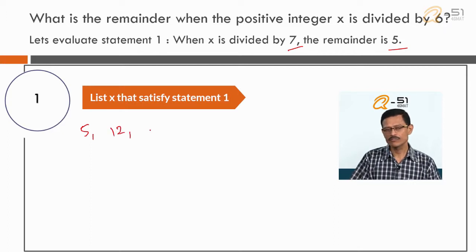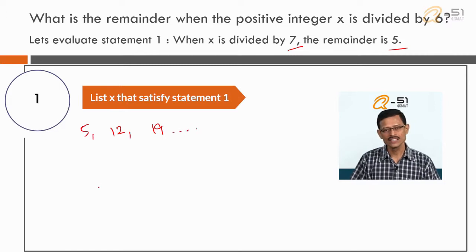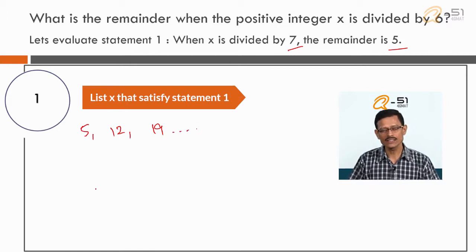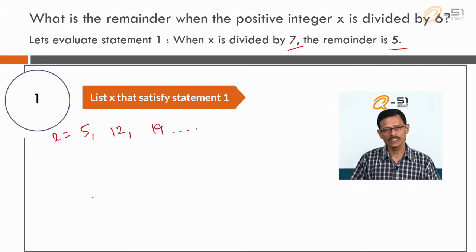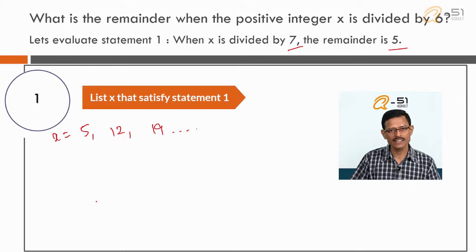The next is 19, and so on. All these numbers when divided by 7 leave a remainder of 5. So x could be any one of these values. What we need to find out is whether I get a uniform remainder when I divide each of these by 6. If I do, the data may be sufficient and we'll have to investigate further.